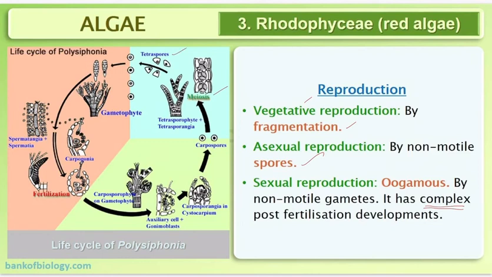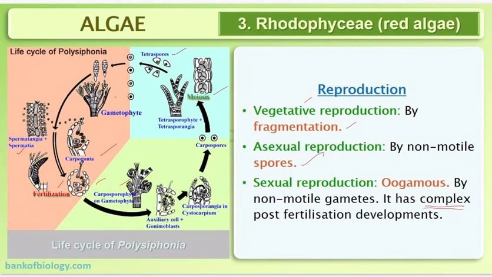So if you see the life cycle of Polysiphonia, you have got what is called the tetrasporangium, undergoes meiosis, forms tetraspores, tetra means 4, that will generate the gametophyte. Gametophyte will form two types, that is the spermatia and carpogonia. So fusion of these will result in fertilization.